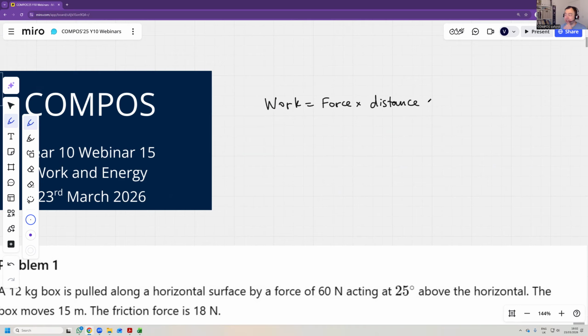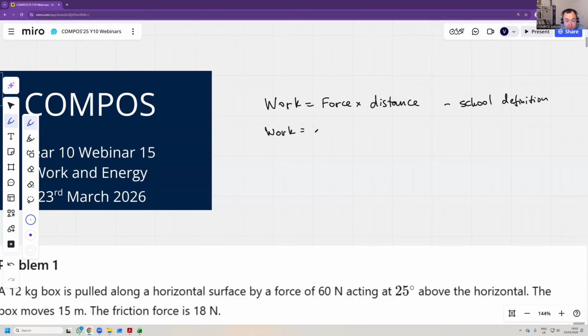Except not quite force and distance, because it also depends on which way the force is and which way the distance is, which way you're moving. So that's your school definition. We'll have a slightly better one.